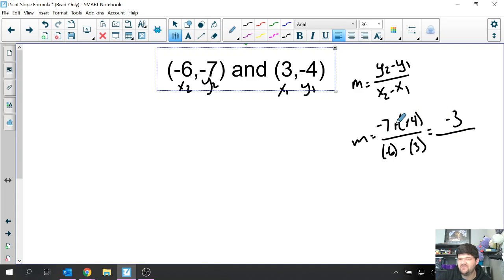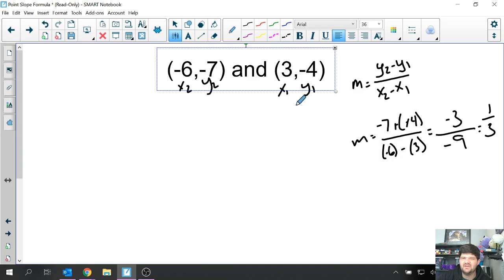Still works. So negative 7 plus 4 is going to be negative 3. Why is it plus? Because minus and negative changes to positive. On the bottom, you have negative 6 minus 3. It's going to be negative 9. This is exactly what I tried to avoid. But hey, what are you going to do? Sometimes we screw it up. So negative 3 divided by negative 9. The negatives cancel. It's going to be 3 over 9, which reduces to 1/3.